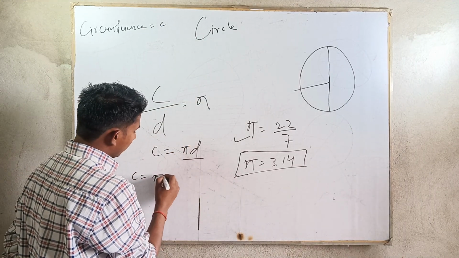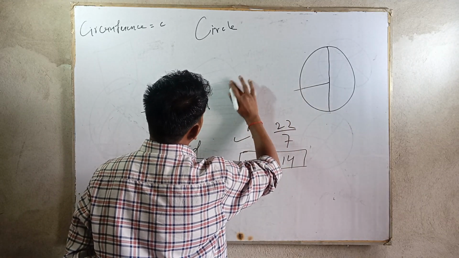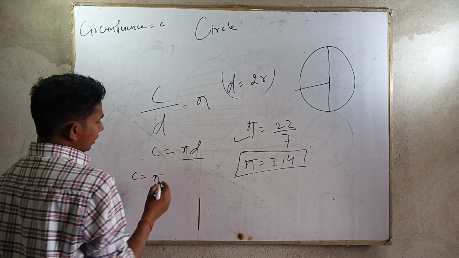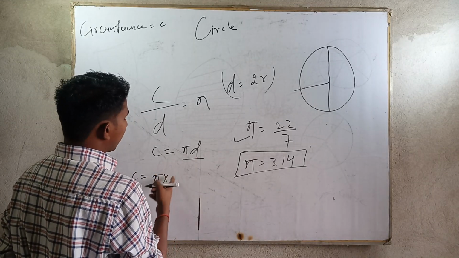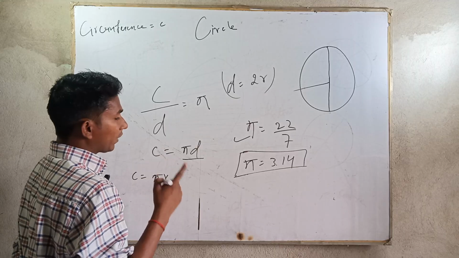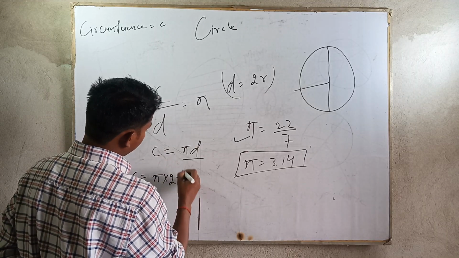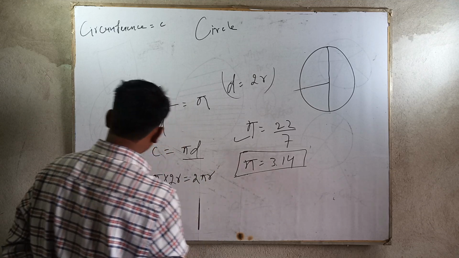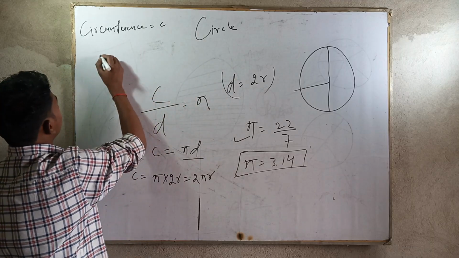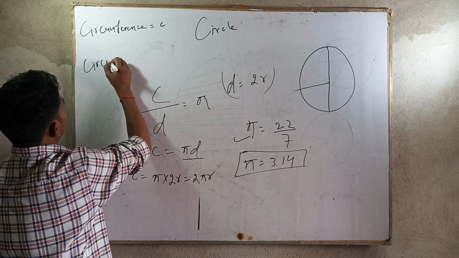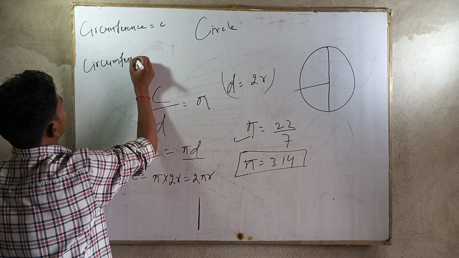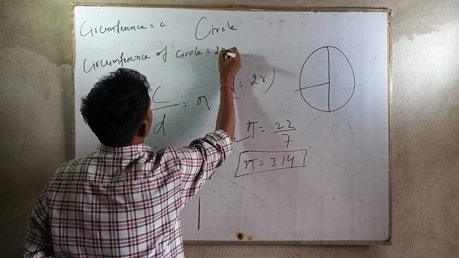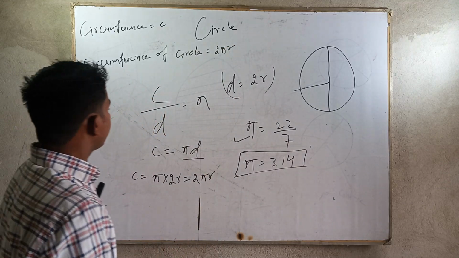Now I know about r. d equals 2r, because I know it already from before. So if I replace the value of d with 2r, then the circumference of a circle equals 2 pi r. That is its formula.